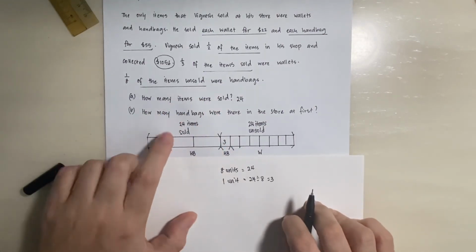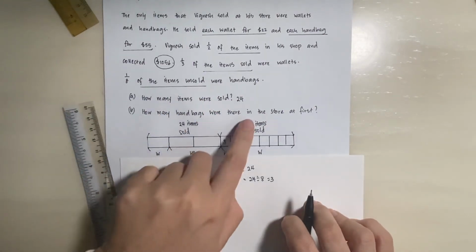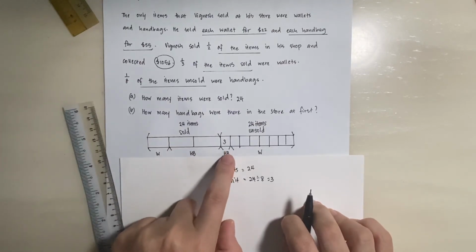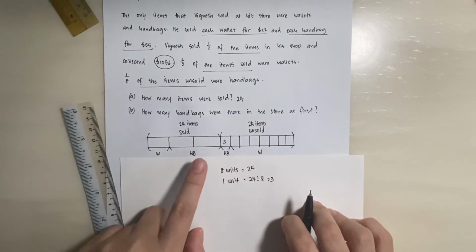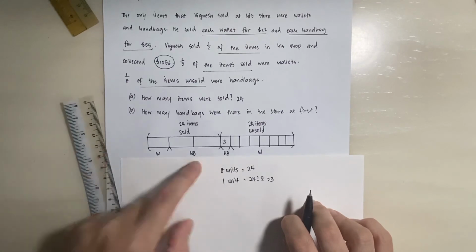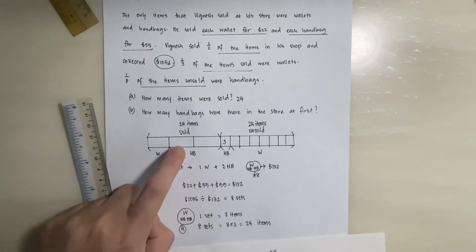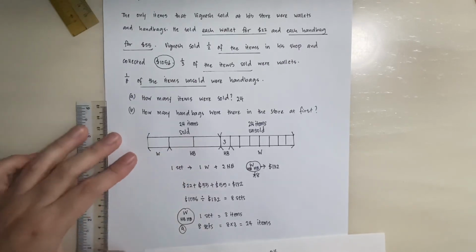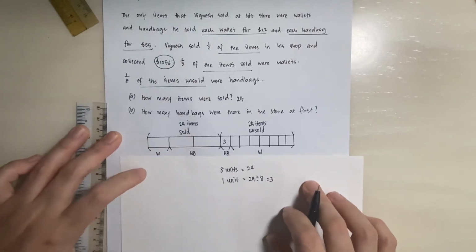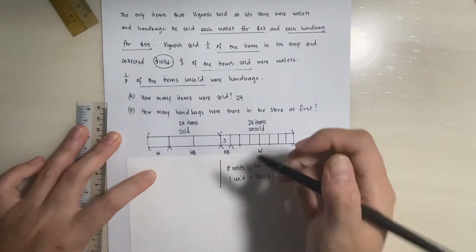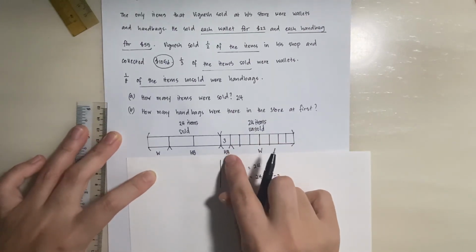But the question is asking how many handbags were there in the store at first. Now I've gotten this part for handbags. But for these, I will still need to find, because earlier on, I only found the total items. I have not found the individual parts yet. So what I need to do is, if I look at this part here, my handbag, I've already gotten 3.